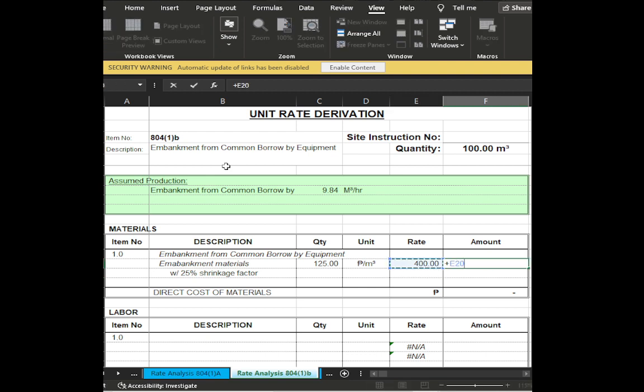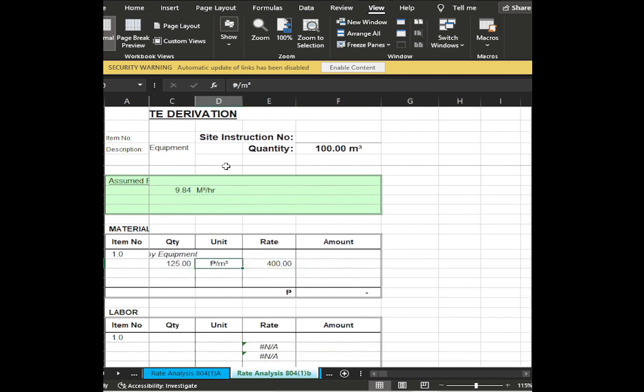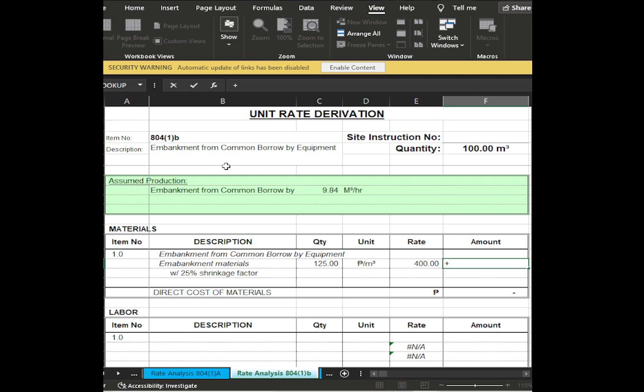Maybe in your place the material is different, or you will use different materials. Maybe it's a mix of sand and gravel, it may be more than 500, but for this material we will just assume 400 per cubic meter. So the total amount of the material is to multiply only by the quantity. So this is 50,000 for the material.